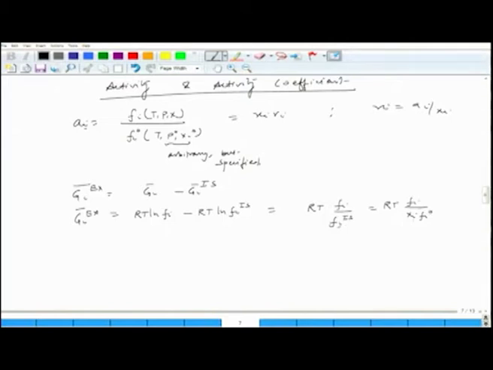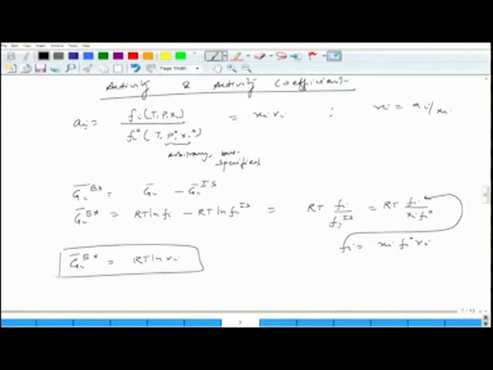Now using the definition f_i = x_i f_i^0 gamma_i, that is the definition of f_i, I should be able to plug this in here, and I can write G_i excess as RT ln gamma_i.